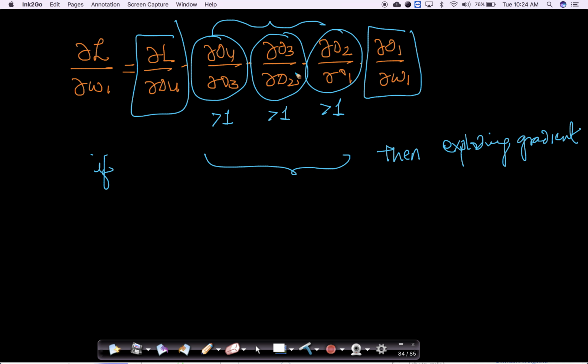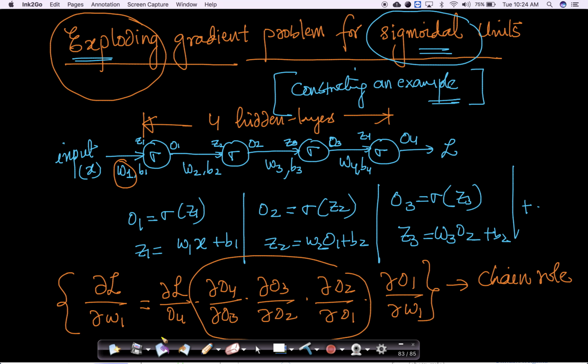Now let's look at the whole world from the perspective of just this gradient. Let's see how this single gradient can be greater than 1. Let's understand that so that things are clearer to us. So let's take the derivative of O2 with respect to O1. What is the derivative of O2 with respect to O1?